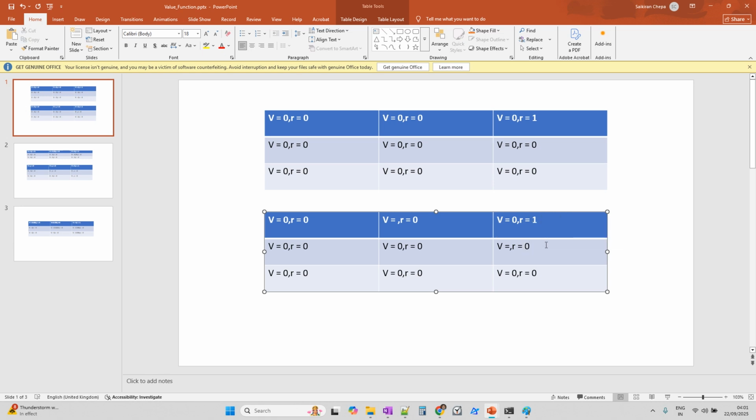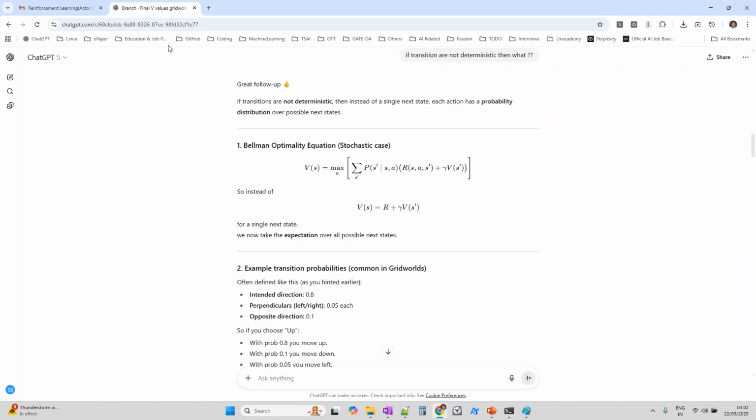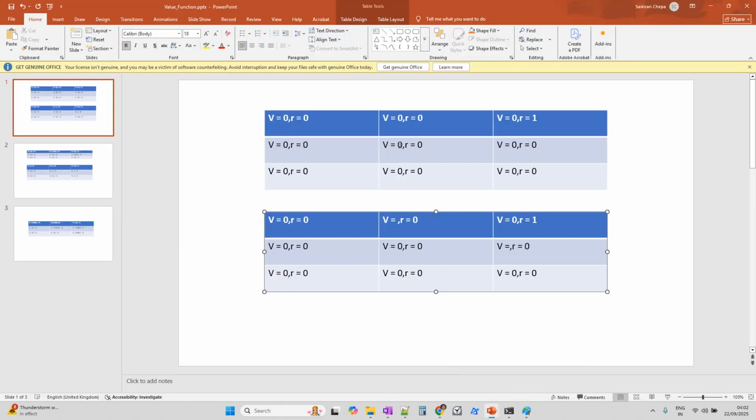In general, how this happens, we will see if it has reached from this to this. This is for the equal probability case. If you see here, the Bellman Optimality Equation is saying: probability times reward plus the discounting factor gamma times the next state's value. So that's what we will put here.